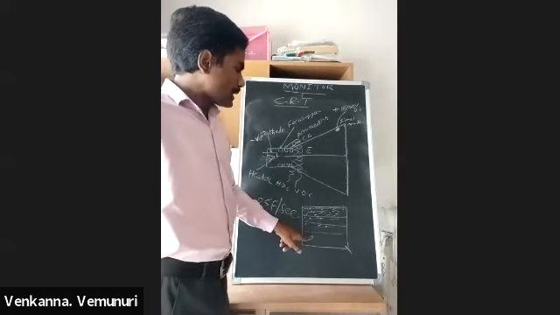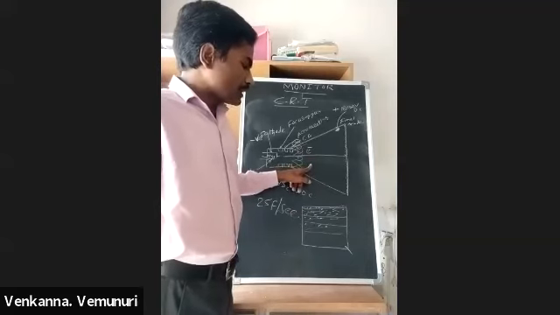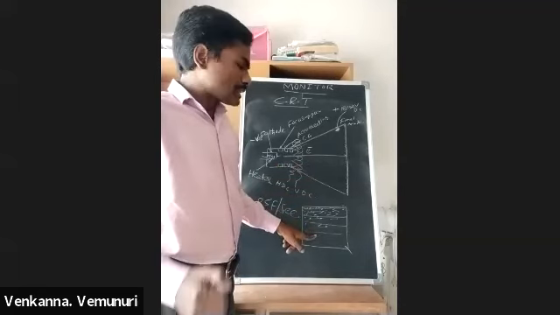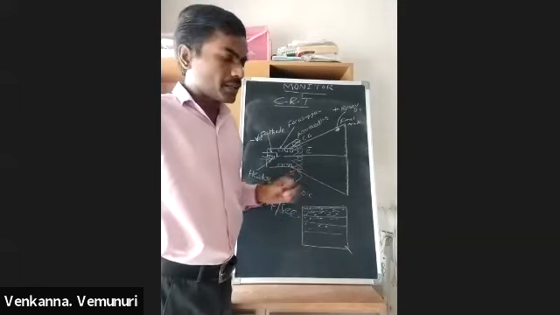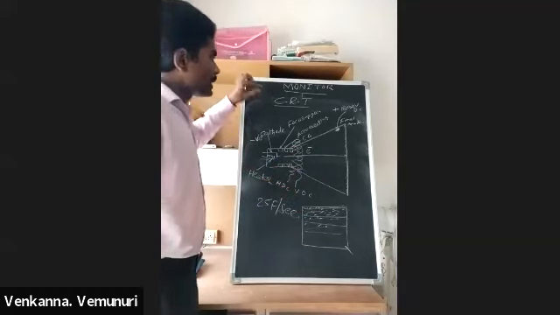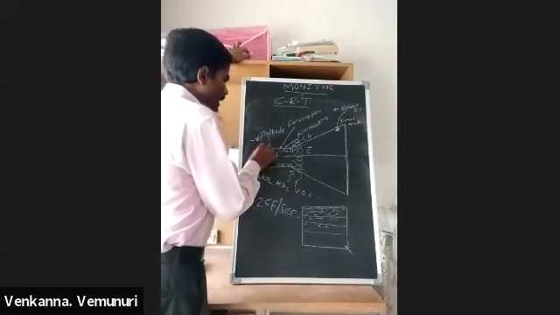This CRT picture tube changes 25 frames per second, and only then do we see the picture without flicker. This is the monochrome CRT picture tube; in this there is only one cathode.